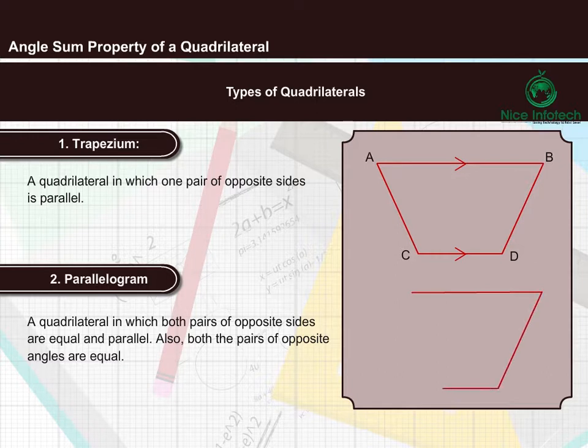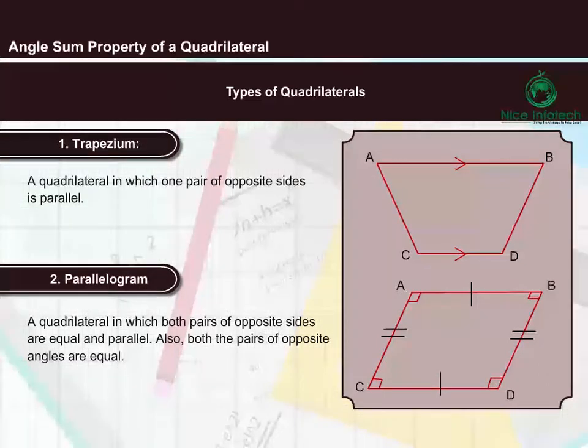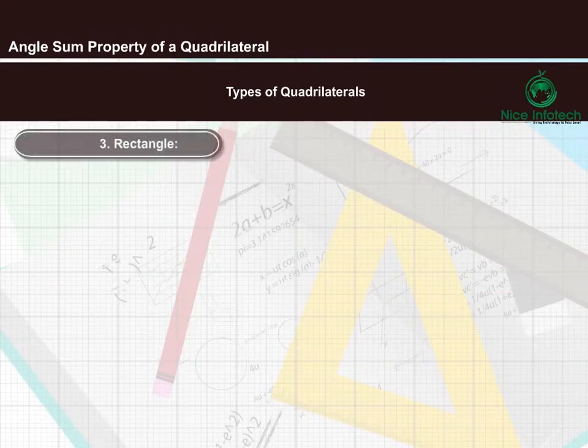See figure, ABCD is a parallelogram. Side AB equal to side CD and AC equals to BD. AC parallel to BD. Also, angle A is equal to angle D and angle B is equal to angle C.